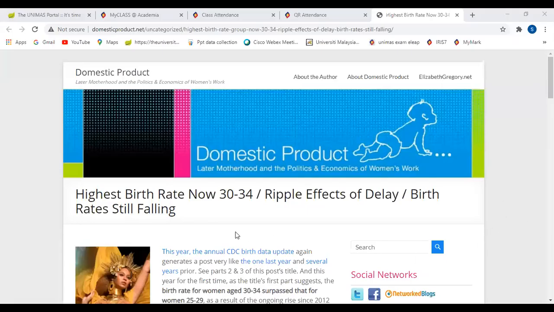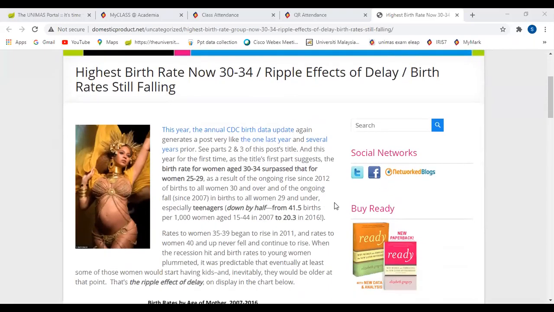The highest birth rate now is between 30 to 34. This is the ripple effect of delay in marriage, and also birth rates are still falling as well. So just to read a few lines here.